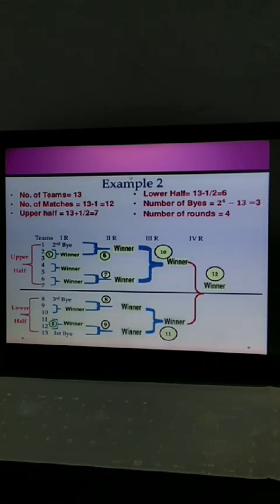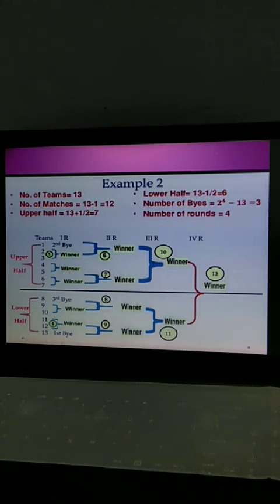This we have calculated. Number of rounds are 4. So now how can we make the fixture? First divide the teams in two halves, upper half and lower half. So upper half we have 7 teams, because by the formula we have calculated the number of teams in the upper half, and lower half 6 teams we have.